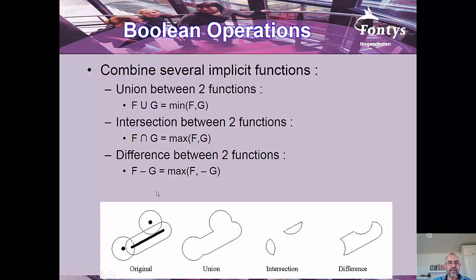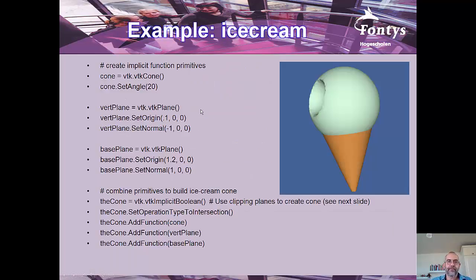So these implicit functions, each of them defines a certain object, like a sphere or a capsule, and then we can use these operations. They are called Boolean operations, because you make a union or an intersection or a difference. And by doing that we can create, for example, this ice cream, because how is this ice cream made using implicit functions?